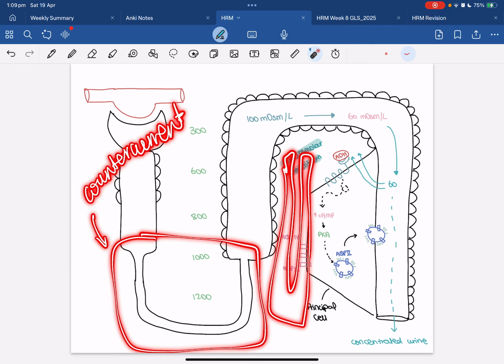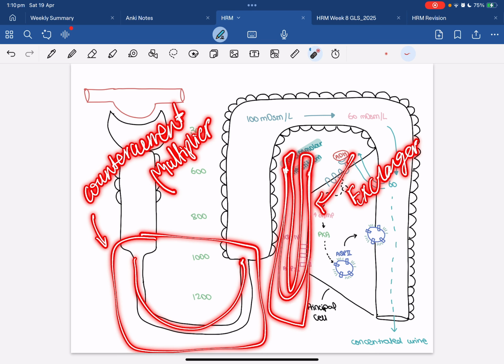This one will be your countercurrent exchanger, and this one will be your countercurrent multiplier. So you can see both the vasa recta and the loop of Henle have this sort of loop here, right?